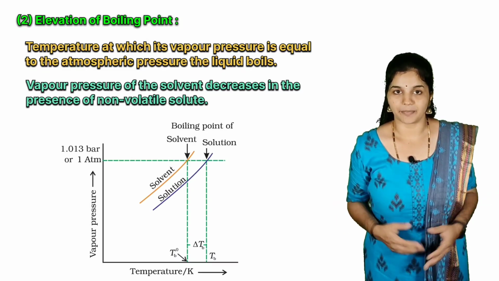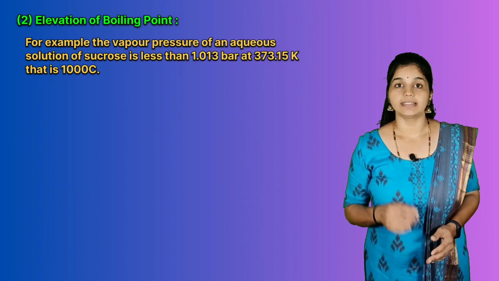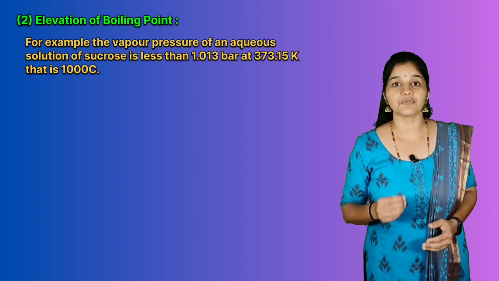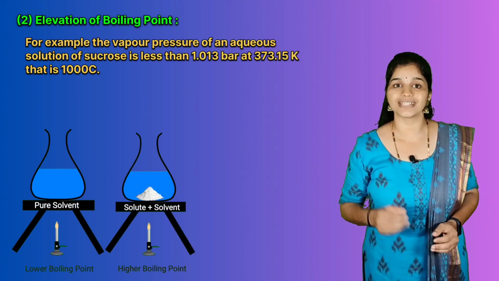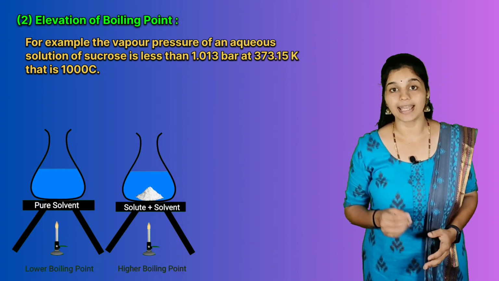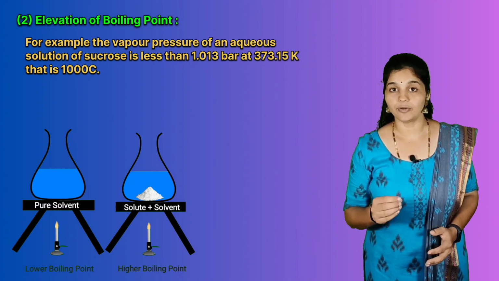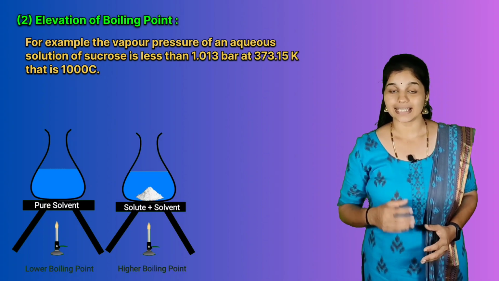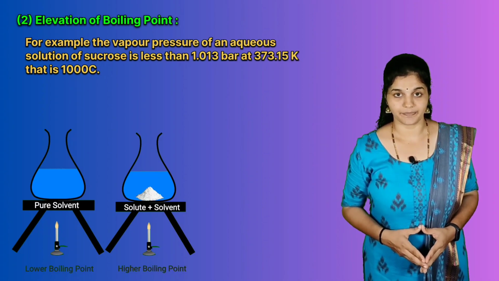Why is this happening? For example, the vapor pressure of an aqueous solution of sucrose is less than 1.013 bar at 373.15 Kelvin, that is 100 degrees centigrade.